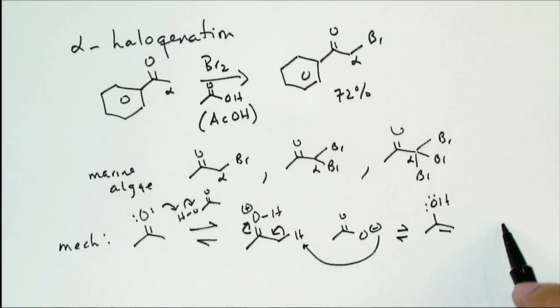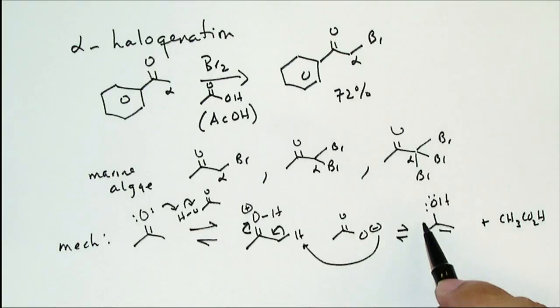And, of course, the side product is you get back your acetic acid. And then, of course, what's going to happen here is that in this format, you reform your carbon to oxygen double bond.